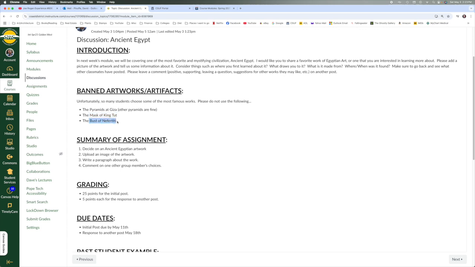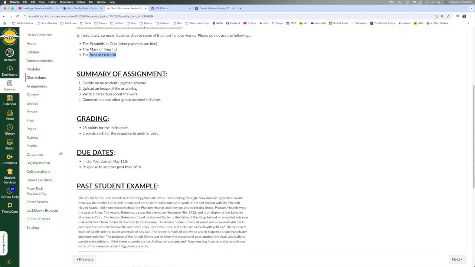A lot of students choose those. It's overdone on those, so please choose something other than those three. Once again, you're going to decide on an ancient Egyptian artwork to share, upload an image of the artwork, write a paragraph about it, and comment on one other group member's choice.